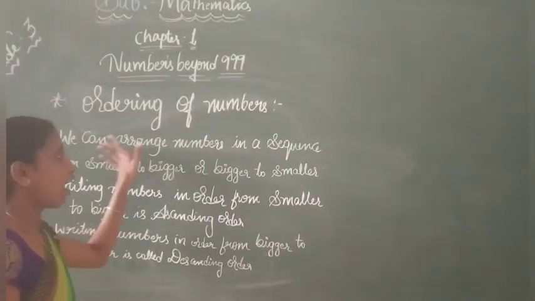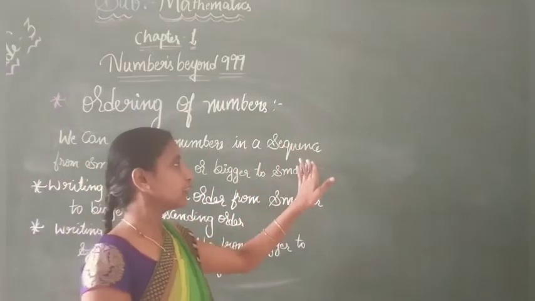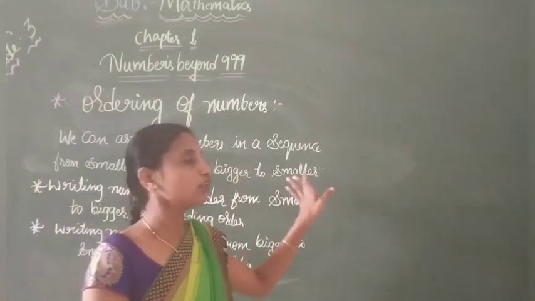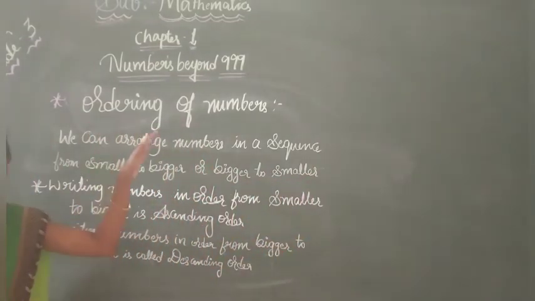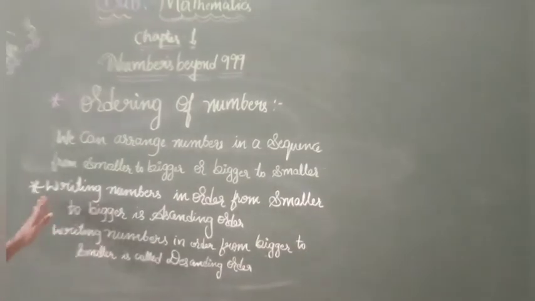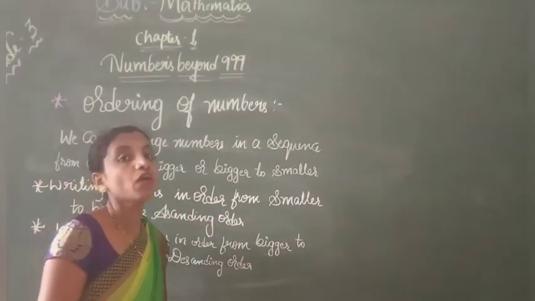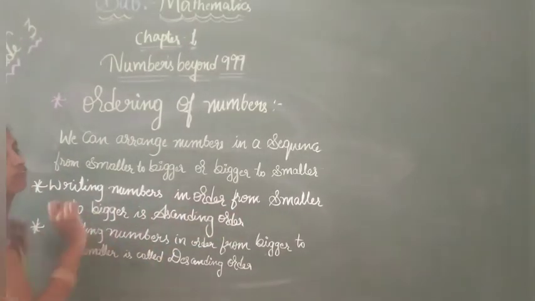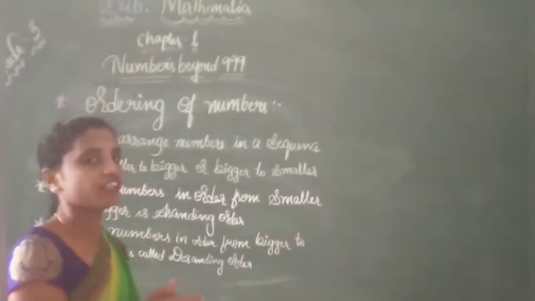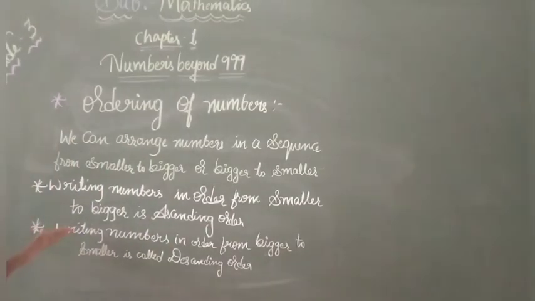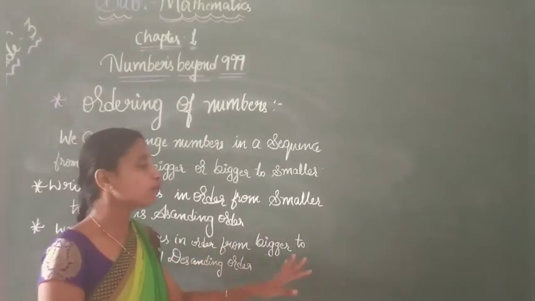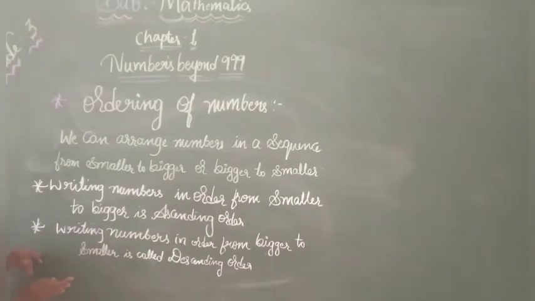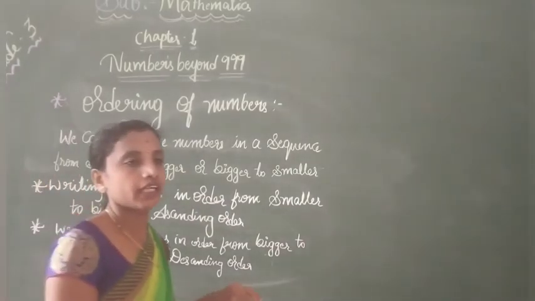We can arrange numbers in a sequence, from smaller to bigger or from bigger to smaller. We call it ordering of numbers. Writing numbers in order from smaller to bigger, we call it ascending order. In the same way, writing the numbers in order from bigger to smaller is called descending order.